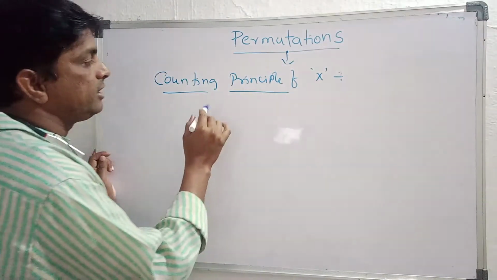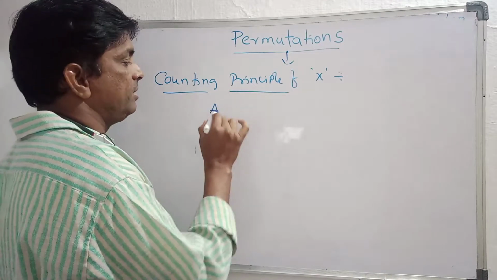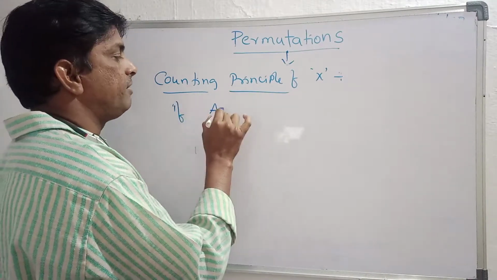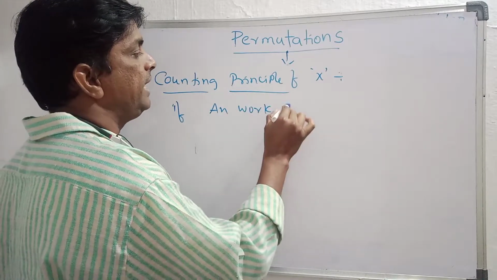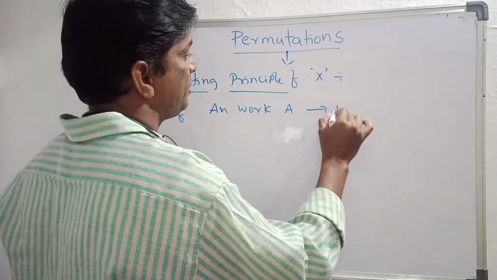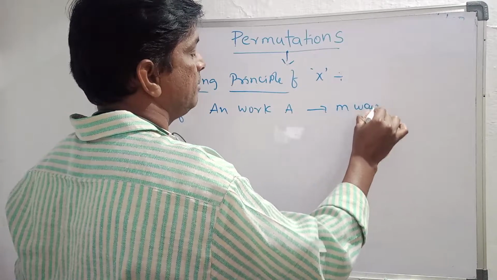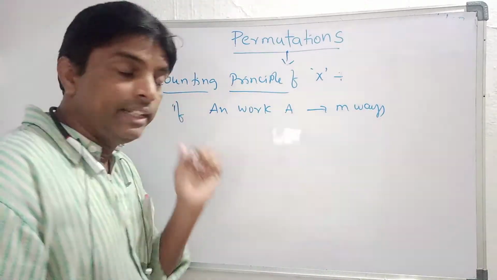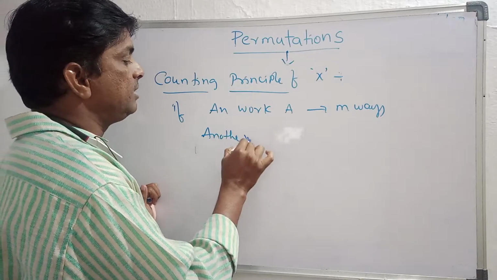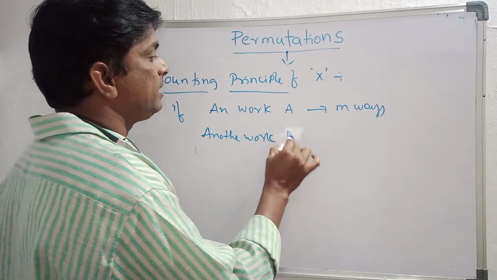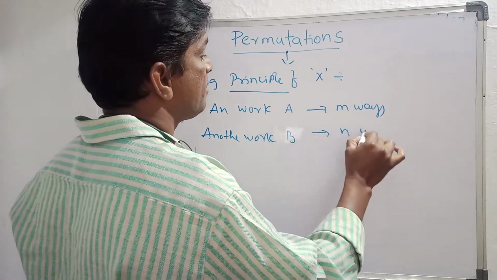Suppose a work A can be done in M ways, and another work B can be performed in N ways.